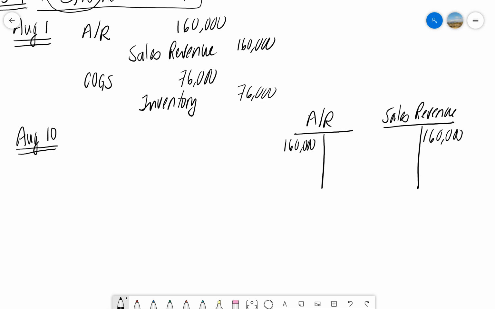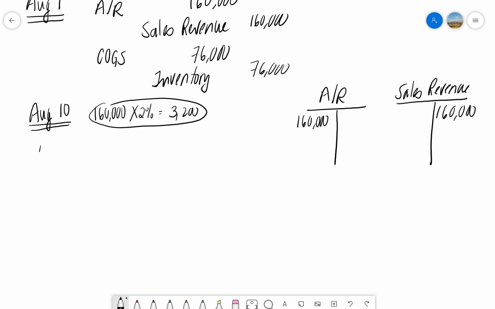Now, if our sales revenue is $160,000 and we give them a 2% discount, the amount of that discount is going to be $3,200. So let's think about this. The cash we're going to collect is going to be 98% of $160,000.